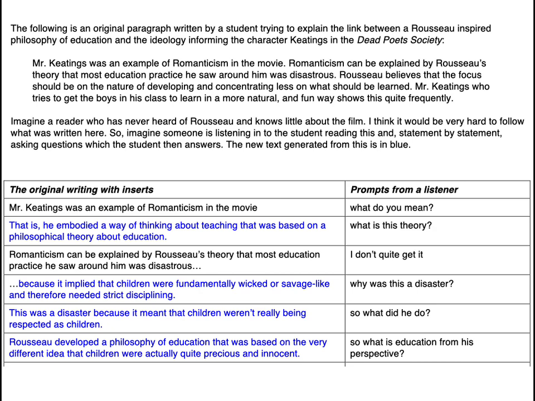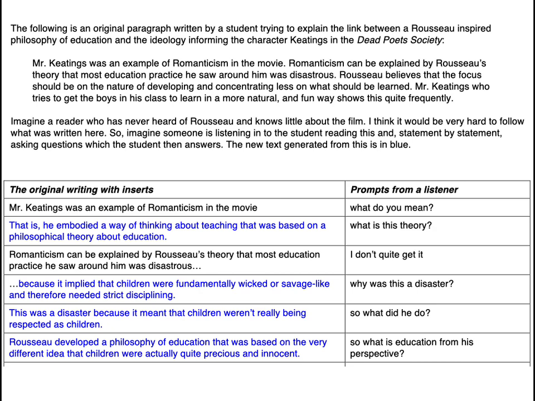I'm still not getting what you mean by what this theory is. I don't quite get it yet. Well, because for Rousseau it implied that children were fundamentally wicked or savage-like and therefore needed strict disciplining. That's why it was disastrous. Why was it a disaster? Well, because it meant that children weren't really being respected as children.